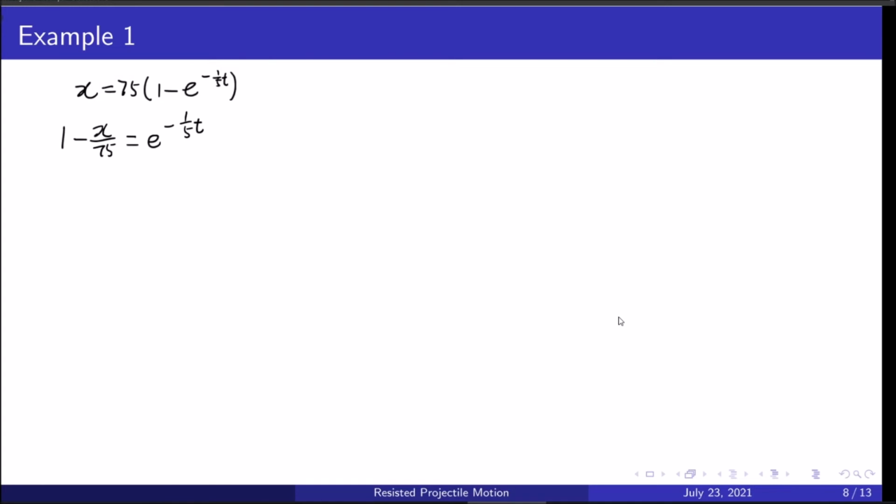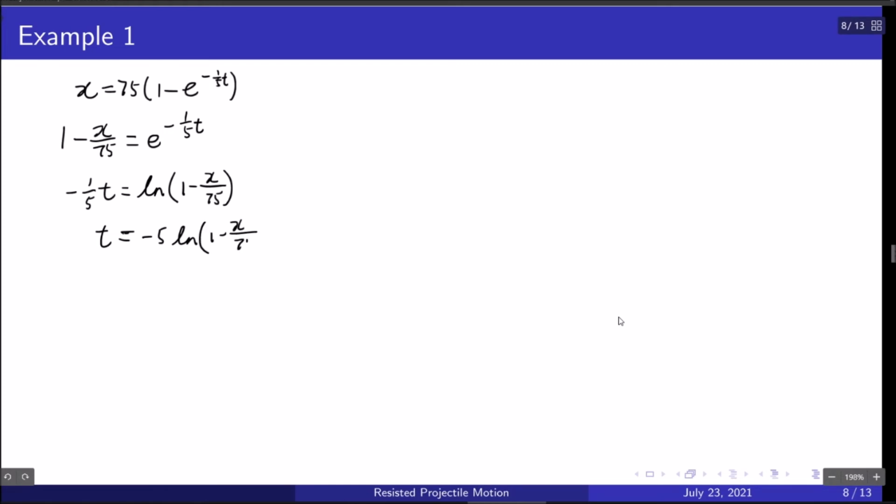And then we take the log of both sides, so negative 1/5 of t equals log of 1 minus x over 75, and then t is just negative 5 log of 1 minus x over 75.